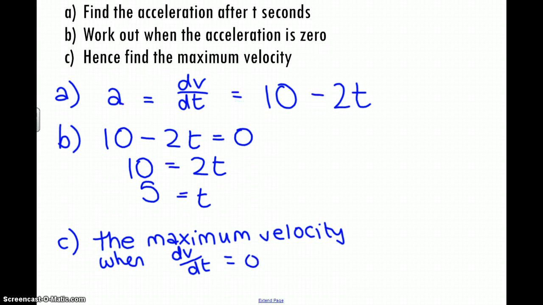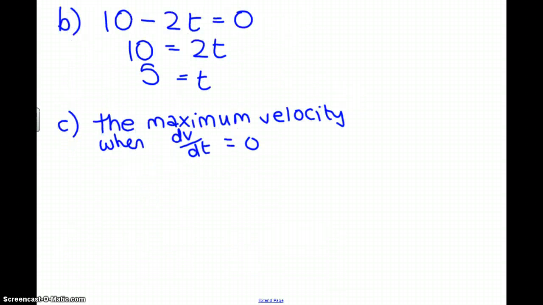But we know that dv by dt is a. That's what we've just worked out. So the maximum velocity happens when a is 0. Your acceleration is 0. And we know that from above, and we know that that happens when t equals 5. So we know that a equals 0 when the time is 5.